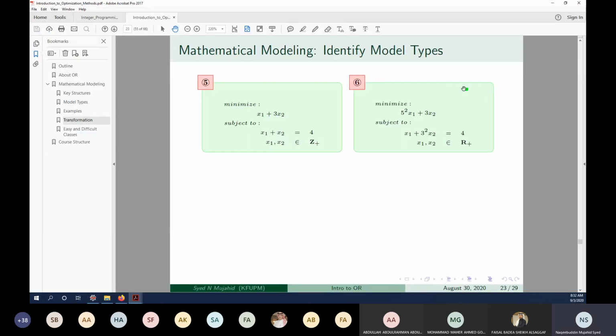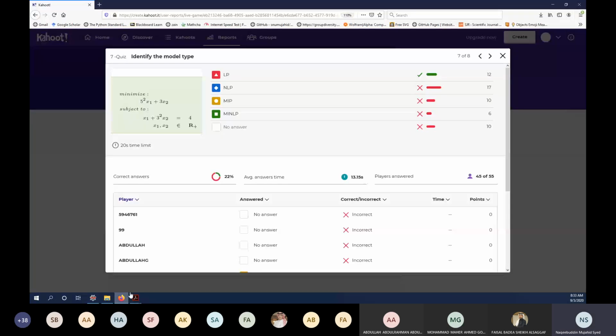Most of you answered NLP, but it is not NLP, right? You see, the objective function is linear. The constraint is linear. You have 3 square, but that's constant. Constant itself is linear. And the restriction on domain is continuous, R plus, I said it's greater than or equal to 0. So this is surprising. Why did the majority of you think it's NLP?